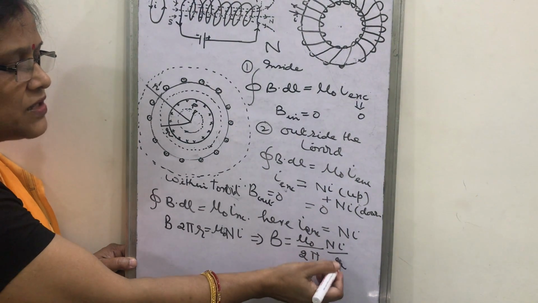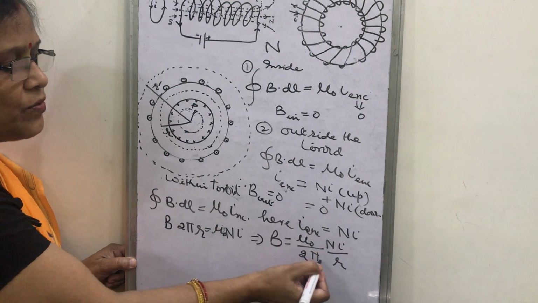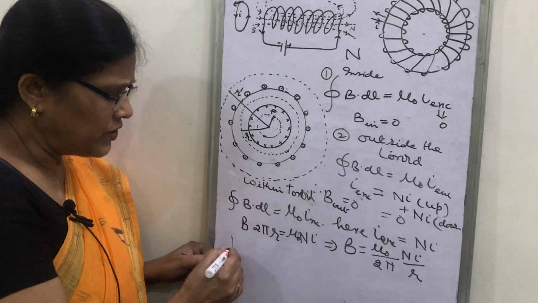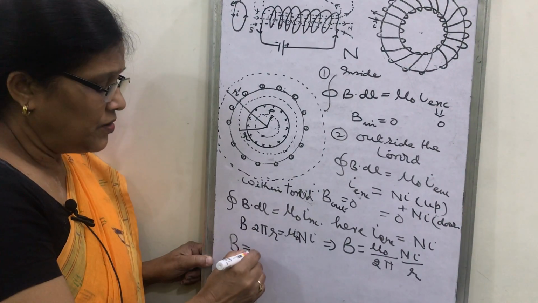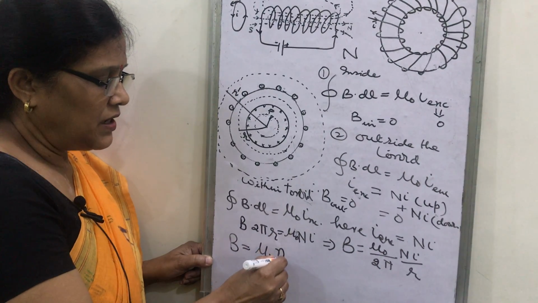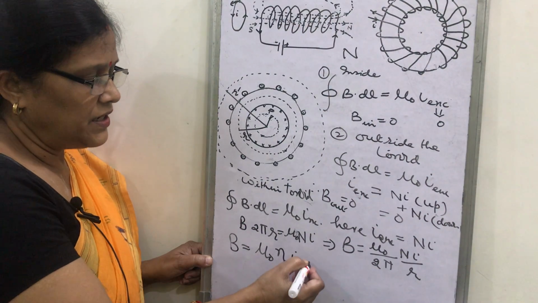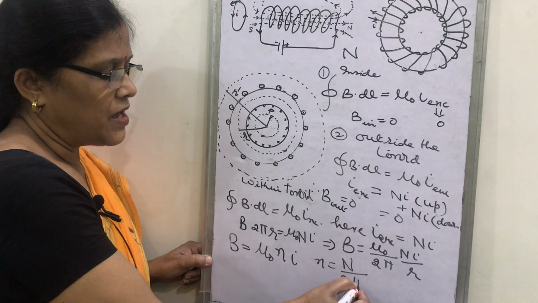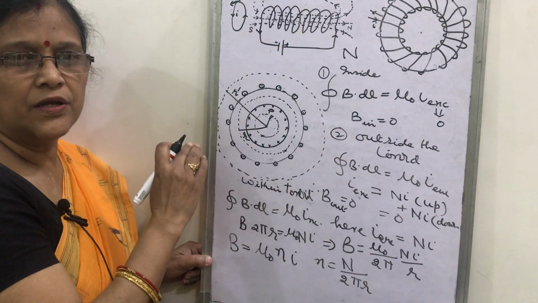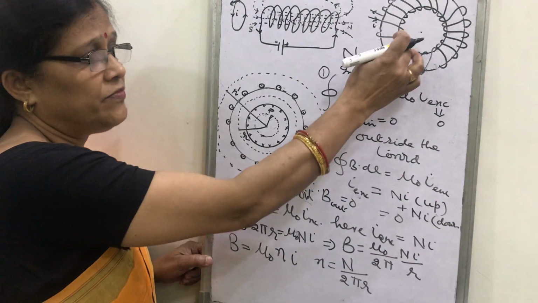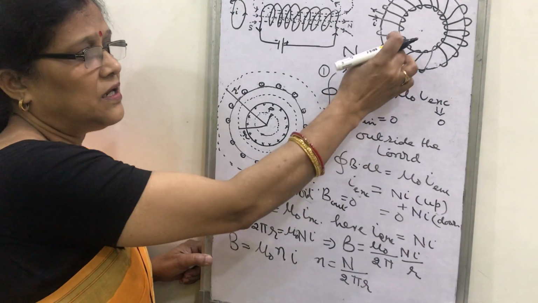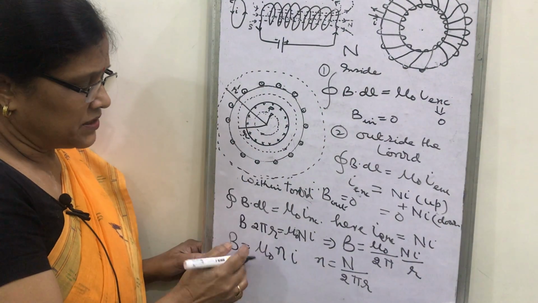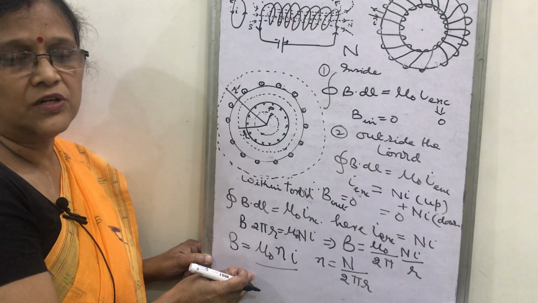We can take N upon 2 pi r as the number of turns per unit length. Then B equals mu naught n I, where small n is the total number of turns upon the average periphery. So it is like the magnetic field of a solenoid.